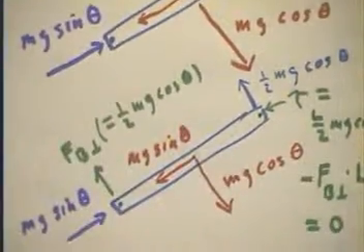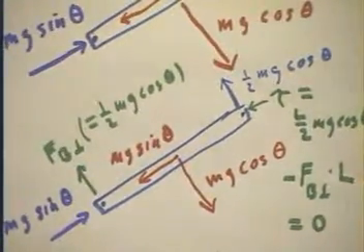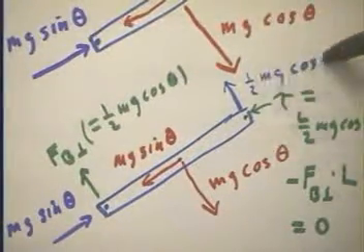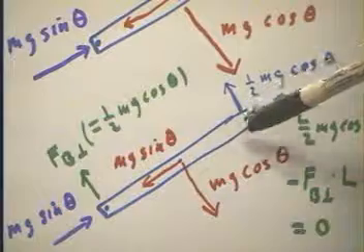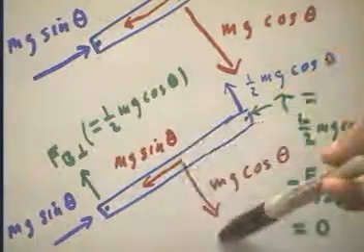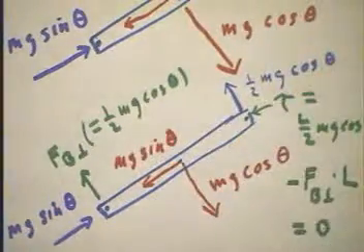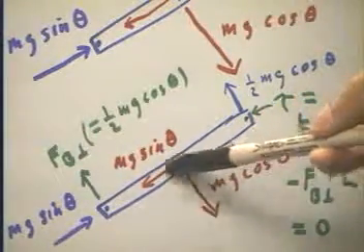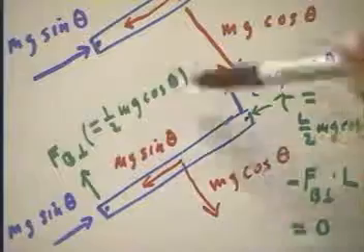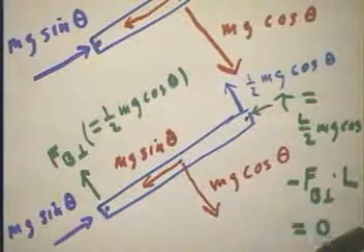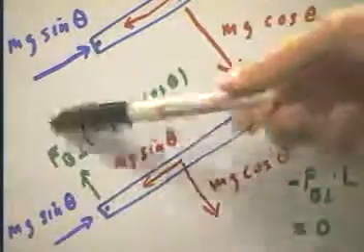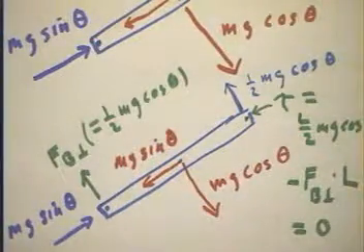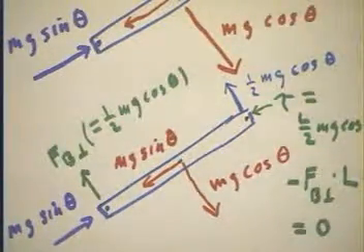By contrast, we could balance the beam by exerting a force of 1/2 mg cosine theta out here at this end of the beam. Now we still have weight components here and here, and we're still going to need a force mg sine theta to counter this mg sine theta. But if that's all we have, if we don't have this force in the green here, it turns out, then we're not going to be in rotational equilibrium.